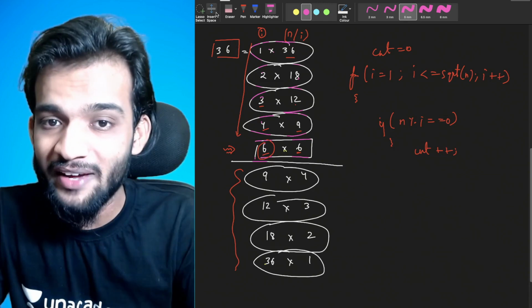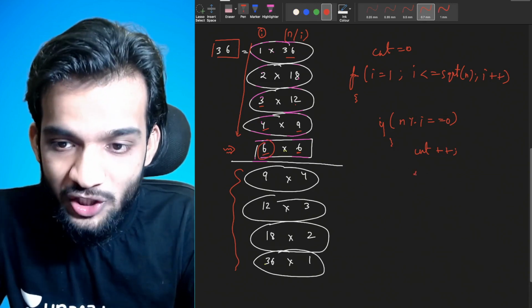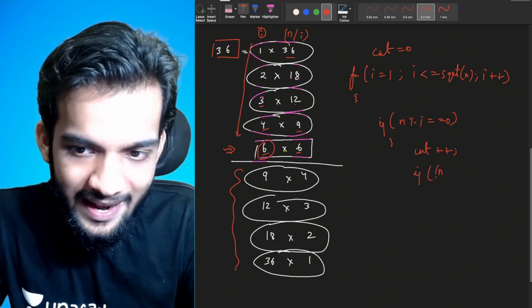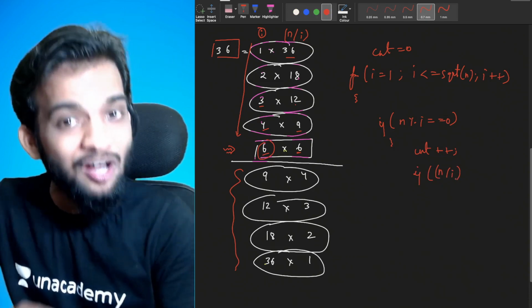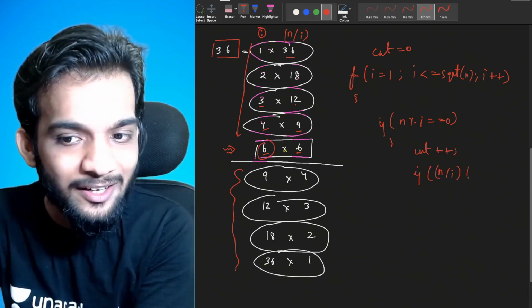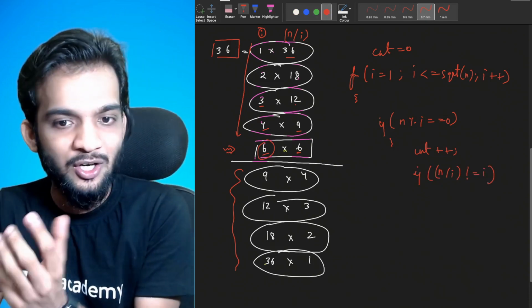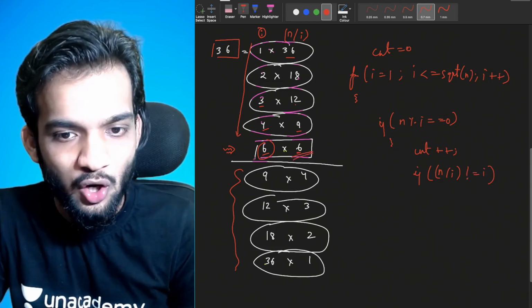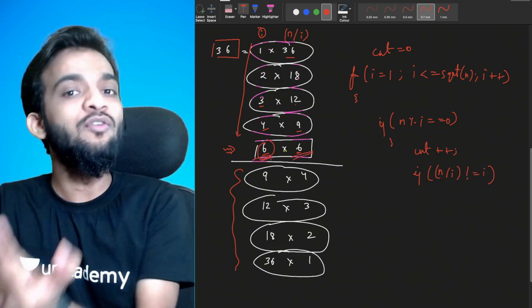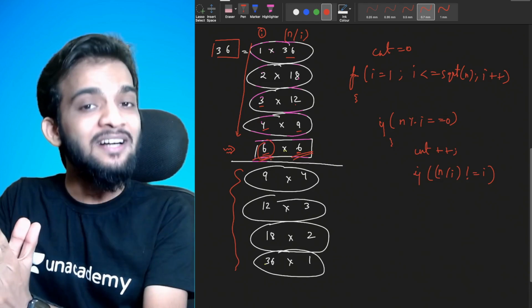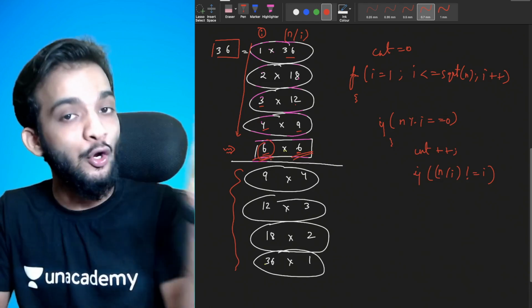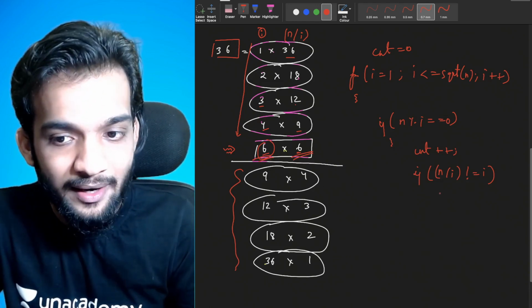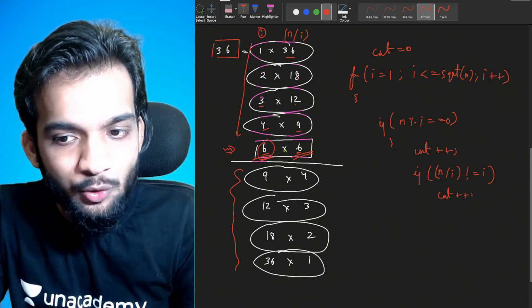So it's very important that you check if n by I, which is the other factor, is equivalent to I. Because in this case, as you saw, they both are equivalent. So you should definitely check if they're equivalent or not. If they're not equivalent, then only you will do a counter plus plus.